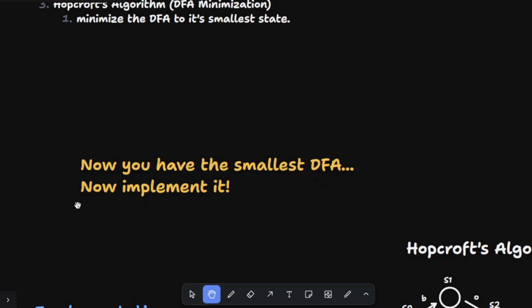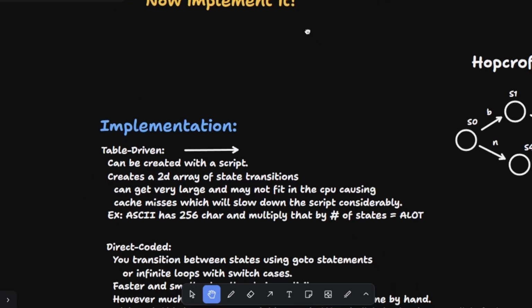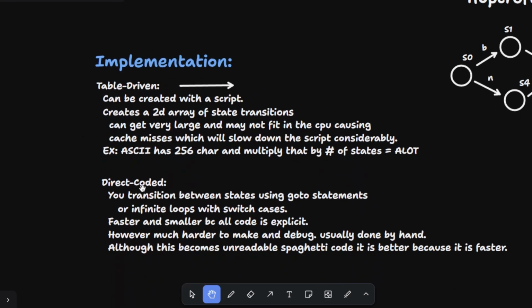So now we have the smallest implementation of a deterministic finite automaton. Now what we have to do is implement it, right? That's great. There's two ways of implementing it. We have the table-driven approach. This is the simpler approach, kind of, and it can be easily created with a script that just loops through, checking all the different paths essentially, and it creates a large 2D array of state transitions.